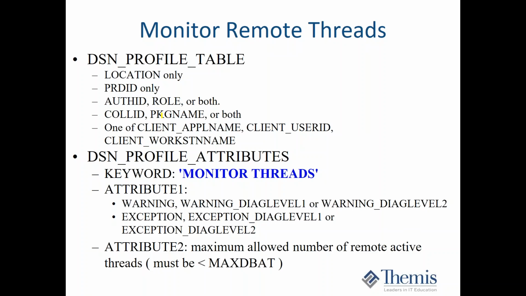So that is MAXDBAT, your subsystem, all. Now, if they are hitting about 50 or 20, this specific client application is using up half of those, maybe I need to look at that application or leave this monitoring in there to not let them tie up all of my distributed threads.